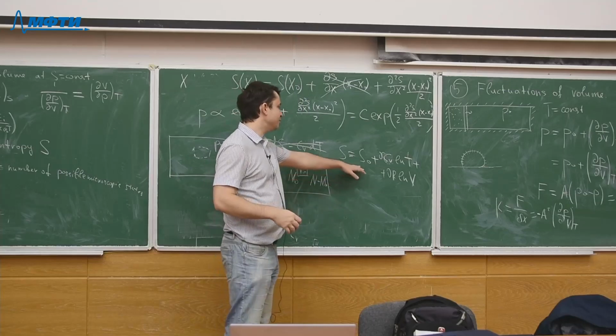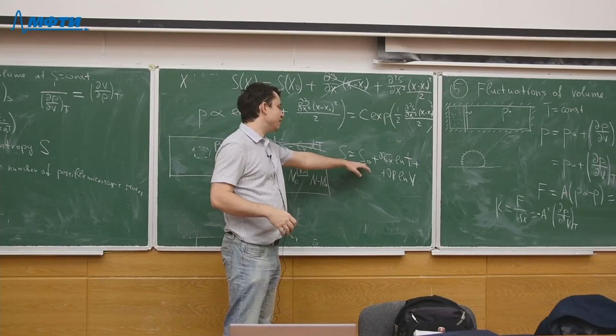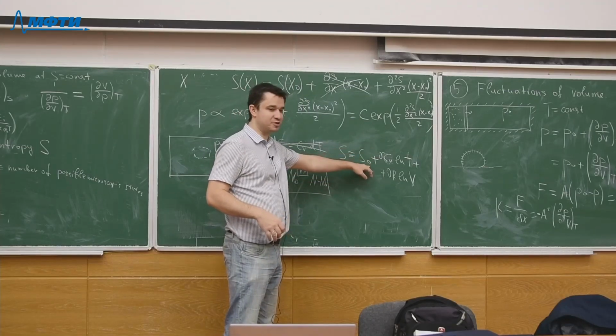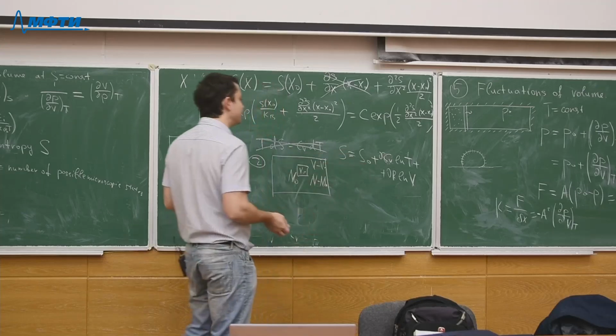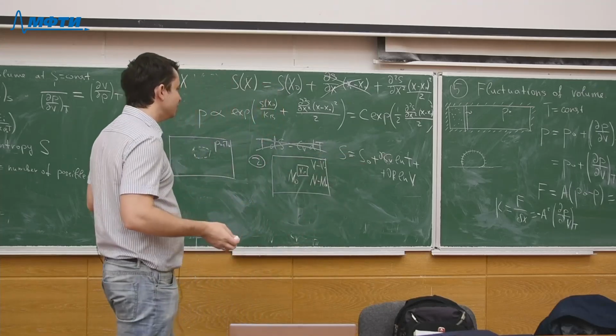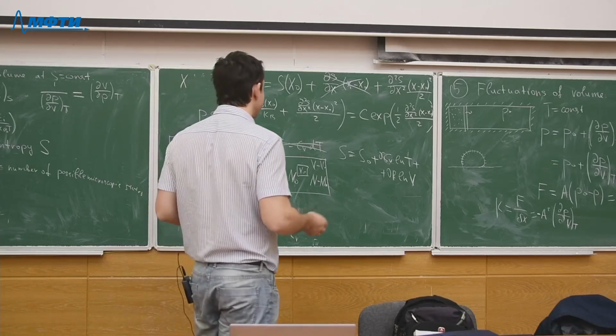This definition is valid if I keep the number of particles constant. But if I allow for the number of particles to change, then I need to somewhat modify this expression.